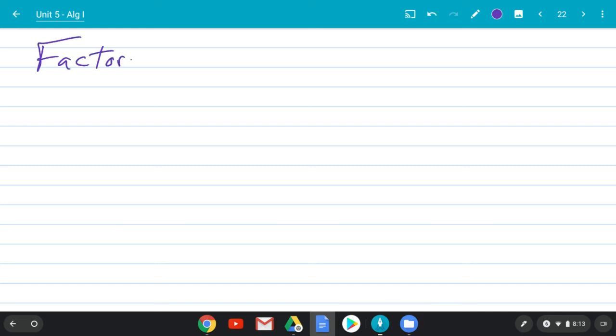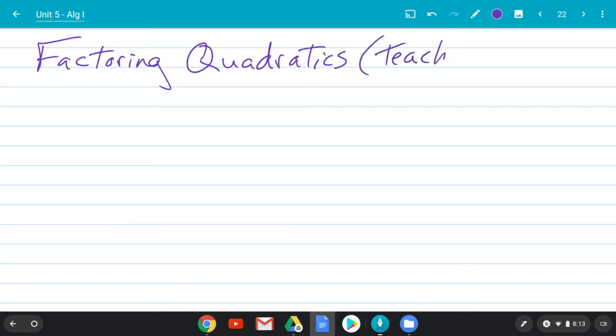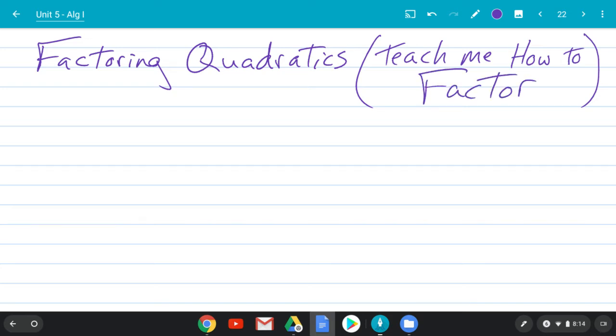Factoring quadratics. Do you remember when it was September?